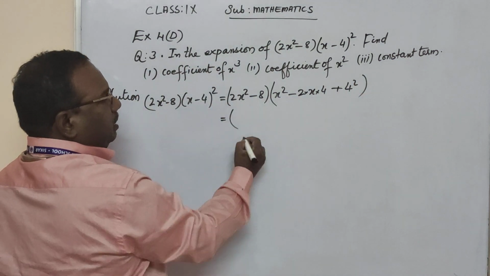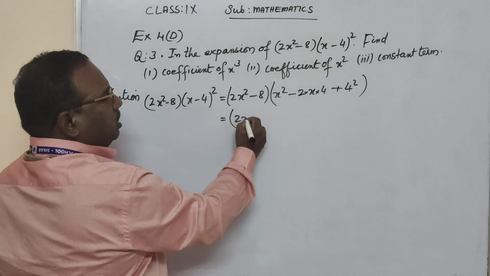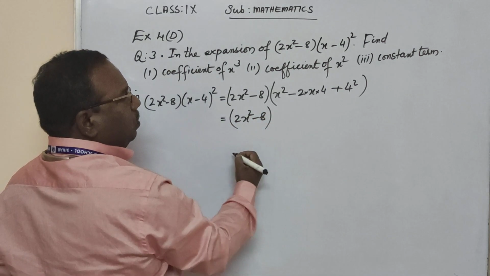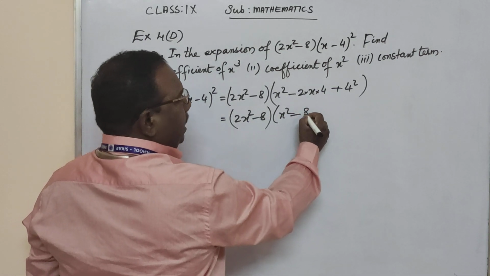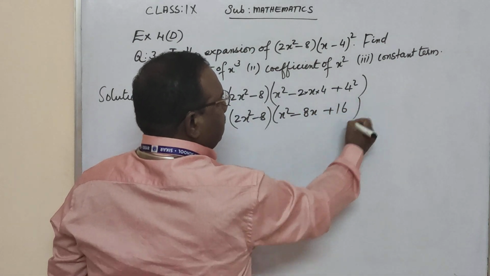Then again this is equal to (2x² − 8)(x² − 8x + 16).